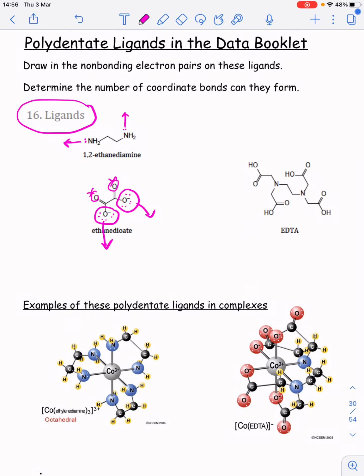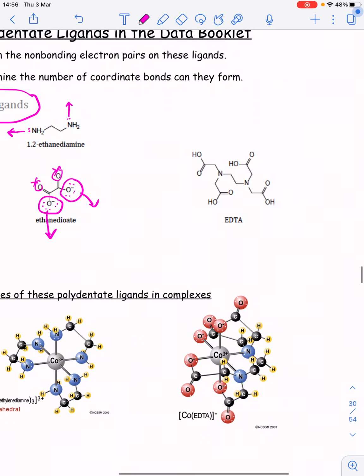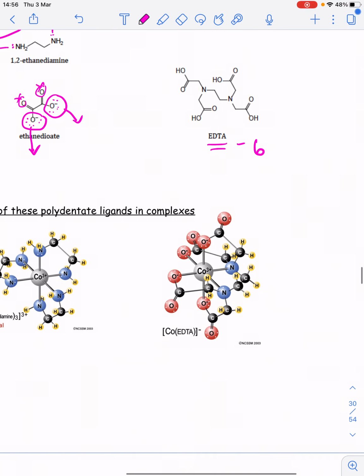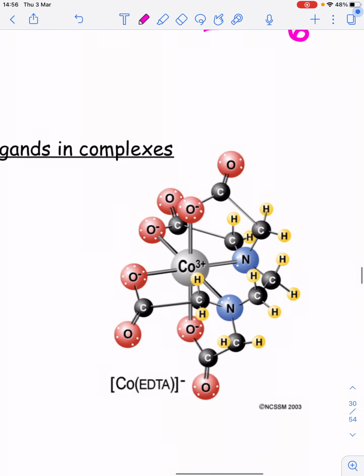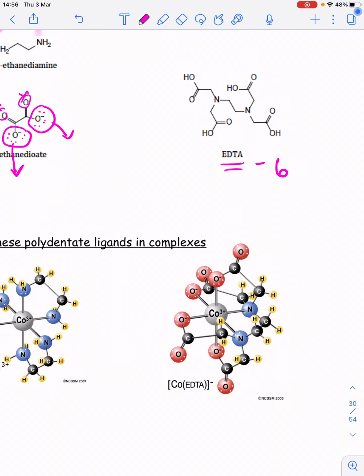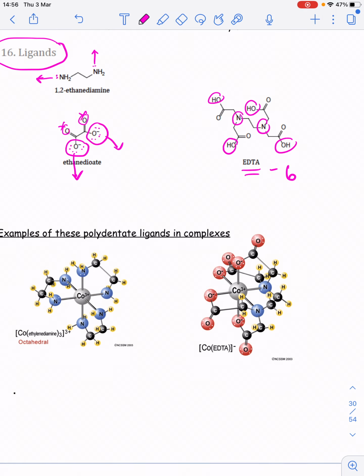These other O's are pointing outwards in the opposite direction, so they can't also form coordinate covalent bonds to the same metal ion. And then you have this crazy thing called EDTA. This one can actually form up to 6 coordinate covalent bonds by itself. And there's a picture of it doing so down below. And as you can tell, it gets pretty darn complex. So each of these O's can lose a hydrogen and do it, but also these N's can form coordinate covalent bonds as well.